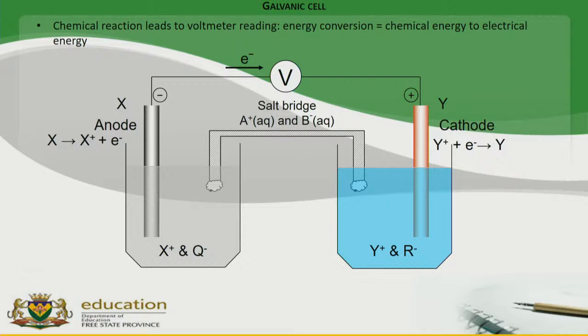So when you define an anode, you will say it is that electrode where oxidation takes place, because whether it is in an electrolytic cell or galvanic cell, at the anode, oxidation takes place.